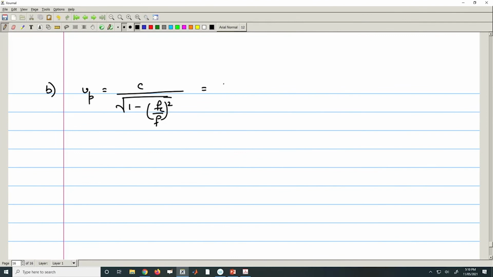So, on substituting we will get phase velocity as 5.427 into 10 to the power 8 meter per second. This is the phase velocity, and group velocity we will calculate as c square upon Vp.